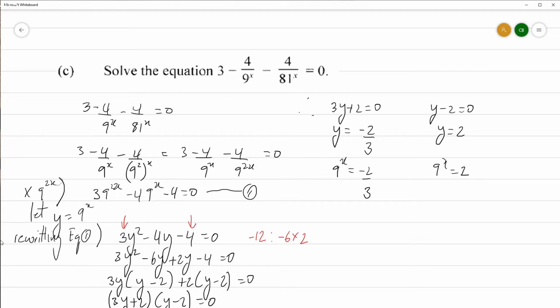So for 9 to the x is equal to minus 2 on 3, this is an impossible solution, so not a solution for x, or solution does not exist.